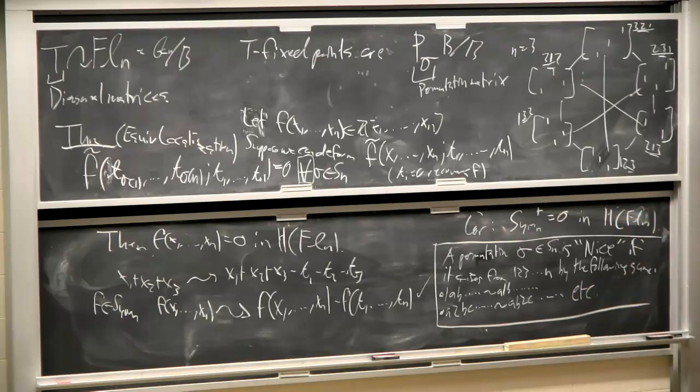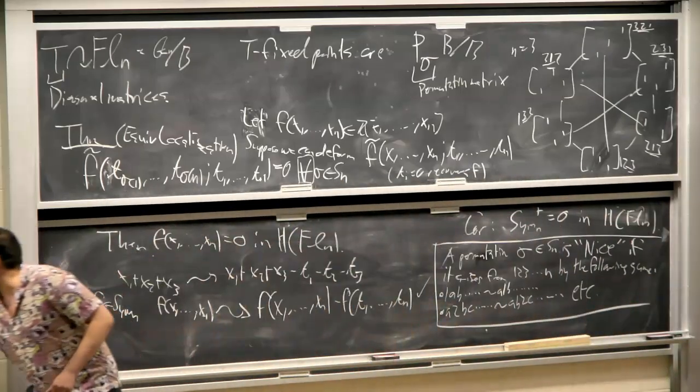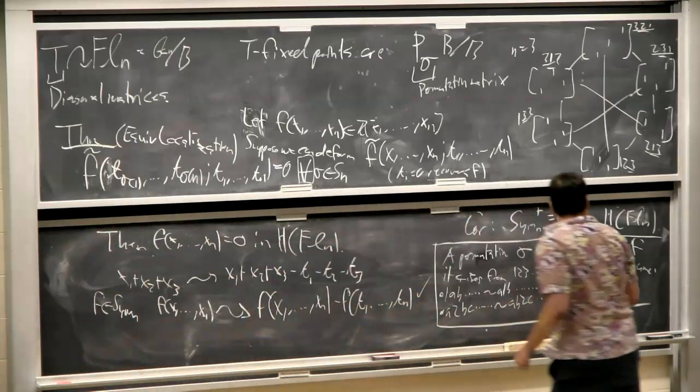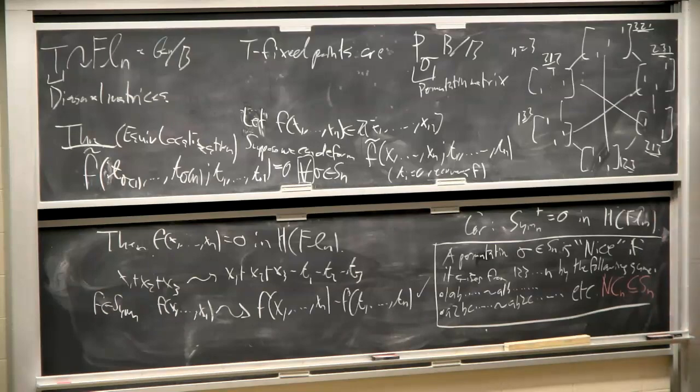Etc. So the condition is if i is in the ith position, you are allowed to swap it with the next number over. And we're going to say a permutation is nice if you can get it from the identity permutation via this process. And I'm actually going to notate the nice permutations, because it's nice, as NC_n, the nice permutations inside Sn.